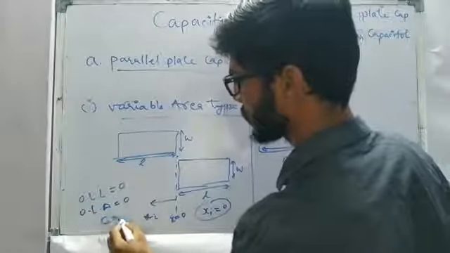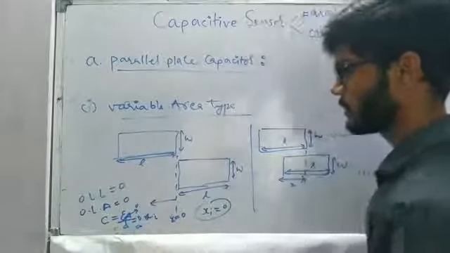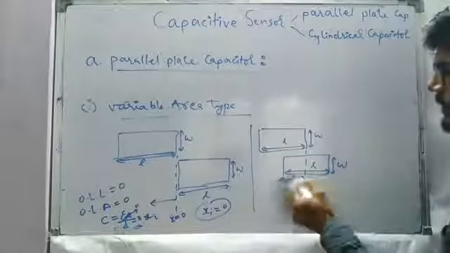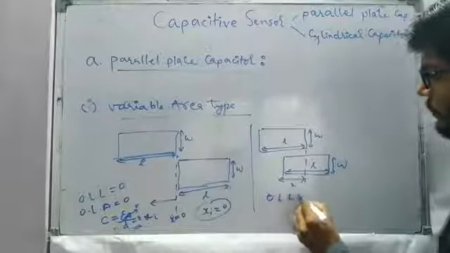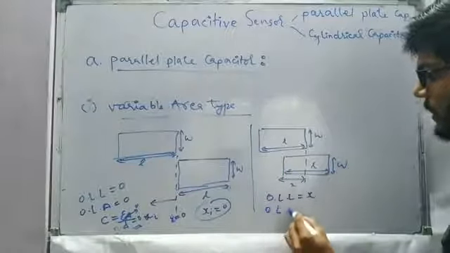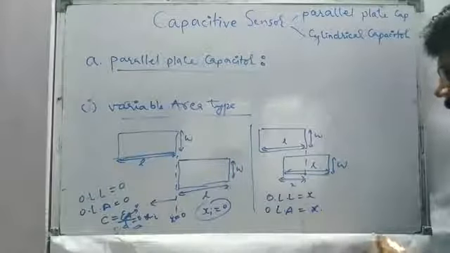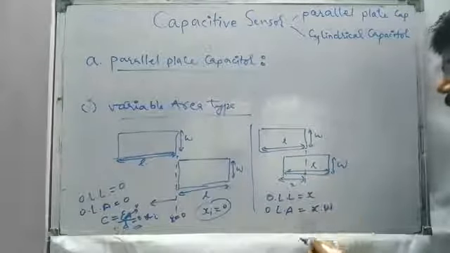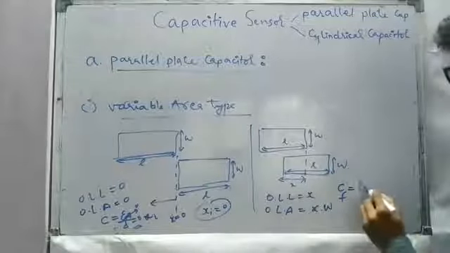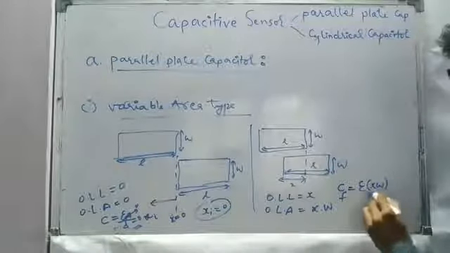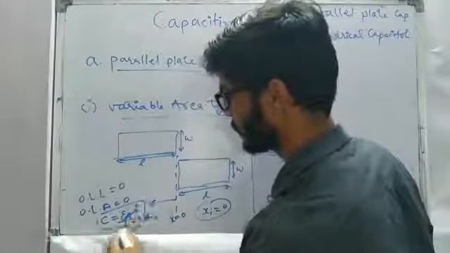The capacitance is epsilon A by D, and A is 0, so the capacitance in the beginning is 0. Whereas in the second case the plate has moved a distance of x, so the overlapping length is going to become x, whereas the overlapping area is going to be length into width. So the length of the plate is considered as x, whereas the width of the plate is W. So the capacitance is going to become epsilon A by D. This is the final capacitance, and the initial capacitance was 0.